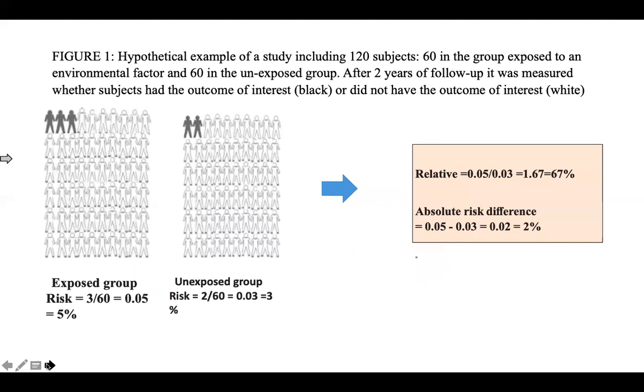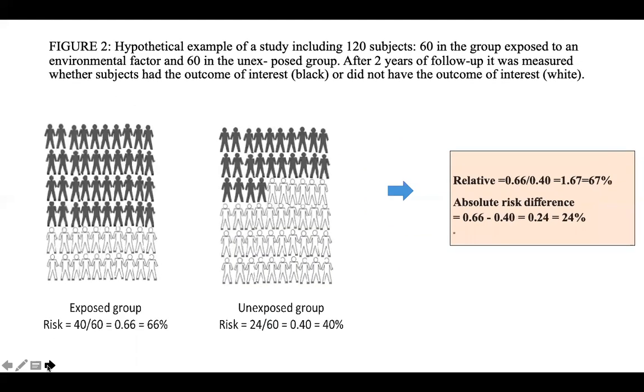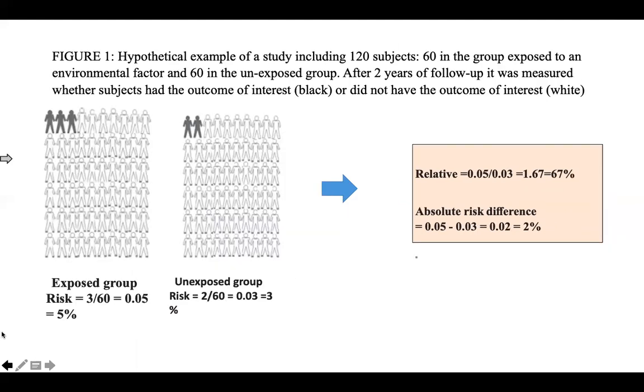I have taken one example that shows the difference between relative risk and absolute risk. In figure 1 and in figure 2, on the next slide, there are 60 and 60 subjects present in both groups. The black shows the outcome of interest, and white shows the cases that didn't have the outcome of interest.